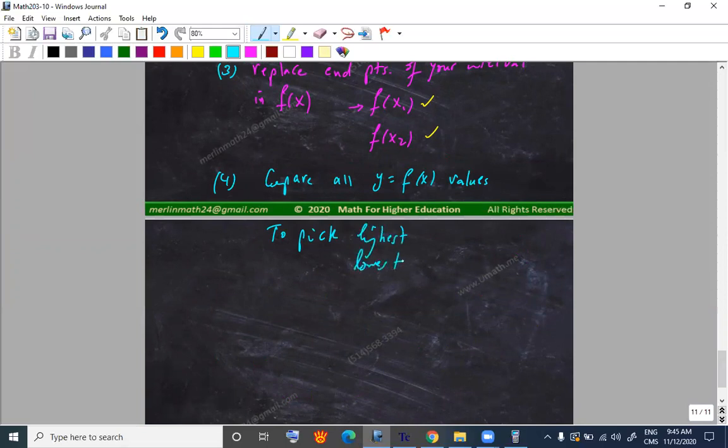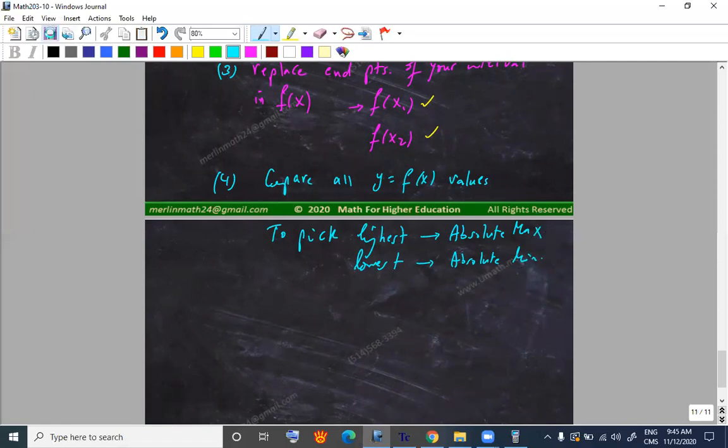When you pick the highest and lowest, it means the absolute extrema. The highest is called the absolute maximum, and the lowest the absolute minimum. It means no less than this and no higher than that. Absolute is the highest of the highest and the lowest of the lowest.